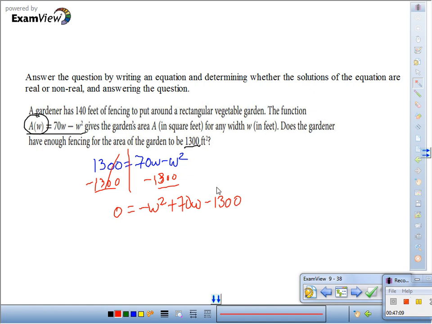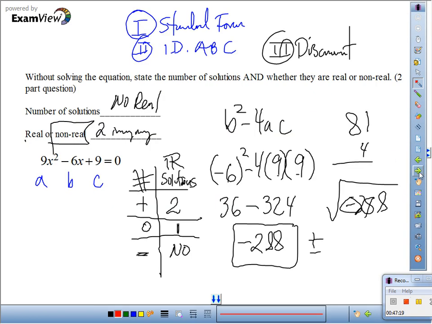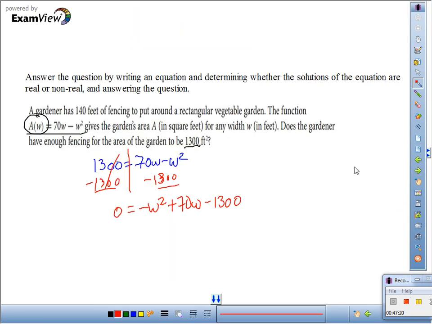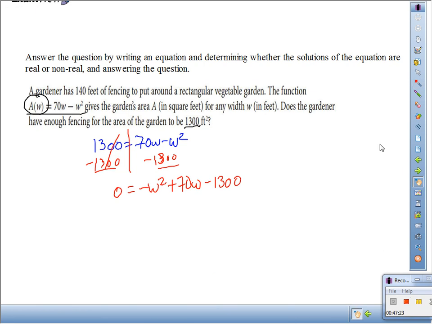All right, this one is just like the one we just did over here. Let's try and see if we can have any solutions before we do any other work. Because if there's no way of solving this, then why are we going to substitute values in there? So, what do we need to do? Identify A, B, and C. And let's see if there's any solutions.